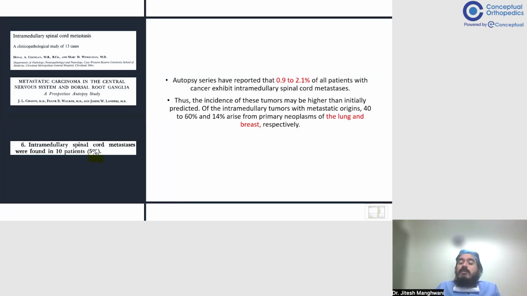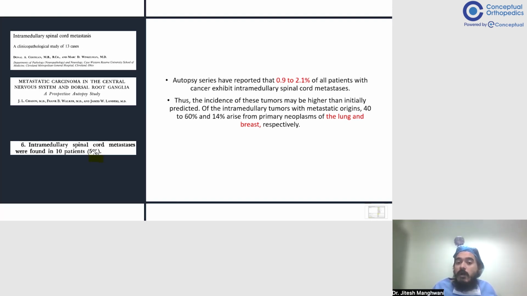Now, these tumors may not have caused any symptoms, but they are actually present. Since they were not causing any symptoms, they have been missed. The other metastases in the body may have caused more ruckus, because of which this particular tumor may have stayed hidden. So the incidence of these tumors might be higher than initially predicted.